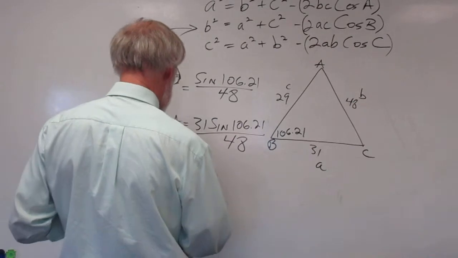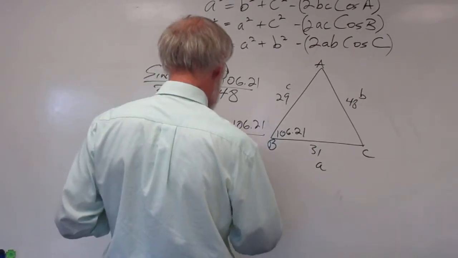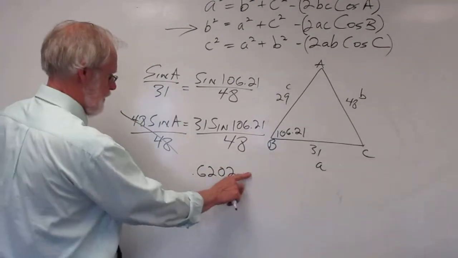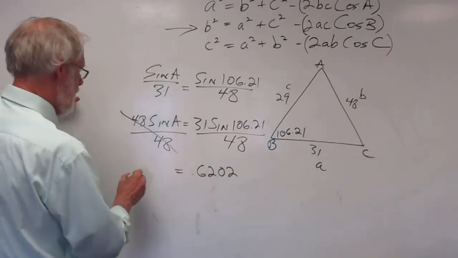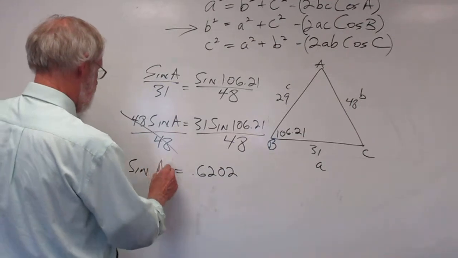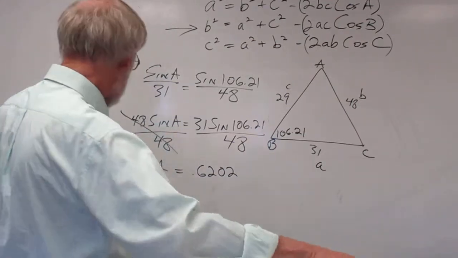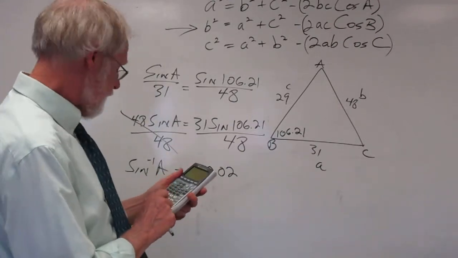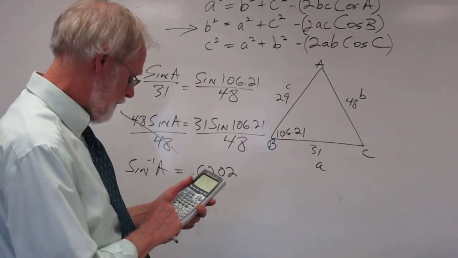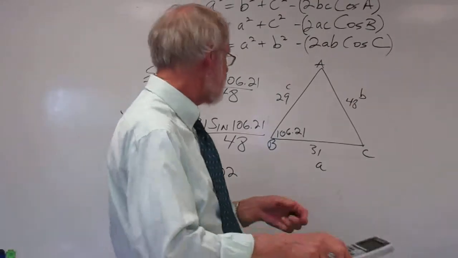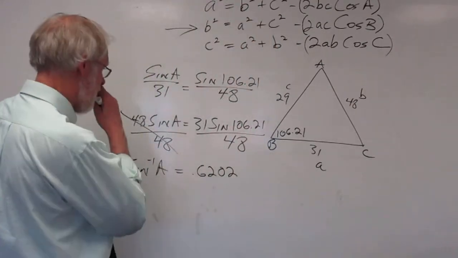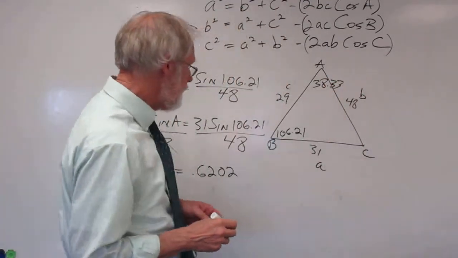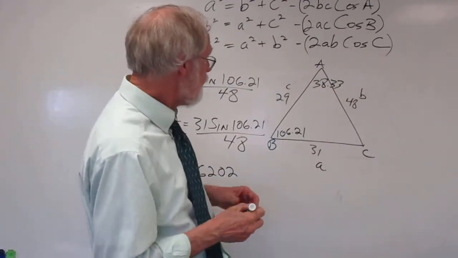So 0.6202 equals sine of A. Okay, so I'm going to do second sine, and then 0.6202 equals 38.33, and we were solving for angle A, 38.33.